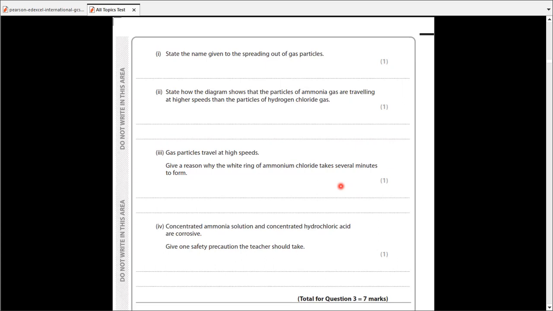Okay, let me think. So, particles of ammonia gas are traveling at higher speed. Particles of hydrogen chloride. Because, if they reacted and the white ring is closer to the hydrochloric acid side, that means ammonia had to travel a longer distance than the hydrochloric acid, and they reach there in the same time.